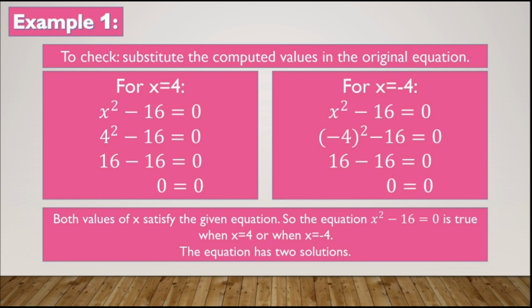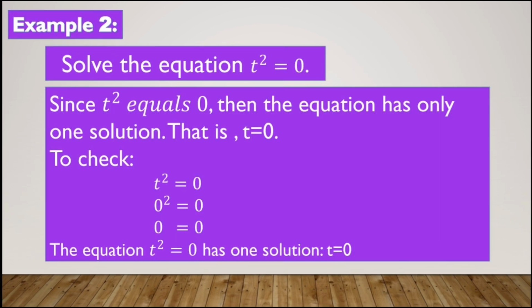So the equation x squared minus 16 is equal to 0 is true when x is equal to 4 or when x is equal to negative 4. The equation has two solutions. Example 2. Solve the equation t squared is equal to 0. As we can see here in the given equation, it is already in the form x squared is equal to k.